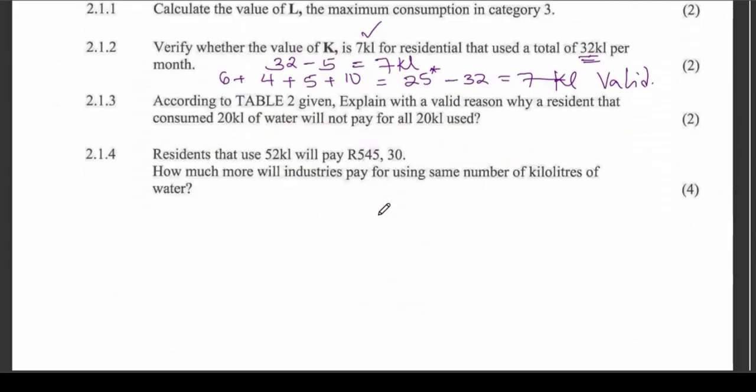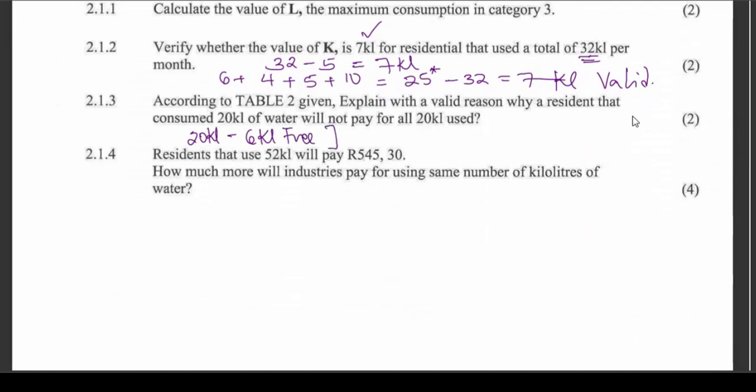According to table 2, explain with a valid reason why a resident that used 20 kiloliters of water will not pay for 20 kiloliters of water. Remember, of these 20 kiloliters, 6 kiloliters are free.